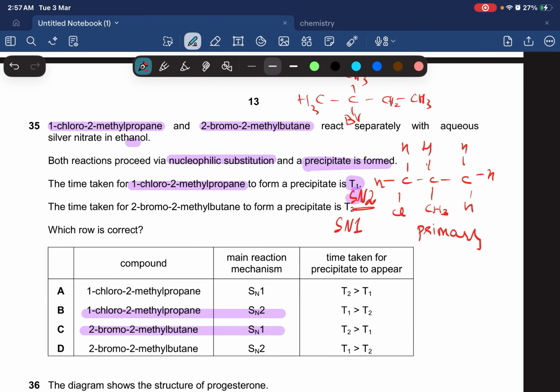For the precipitate to form, we have to check the bromide and the chloride. You know that bromide precipitates form first. So bromide is forming in T2. So T2 is going to be smaller and T1 is going to be greater, because chloride precipitates form later. The carbon-chlorine bond is stronger and the carbon-bromine bond is weaker, so the precipitate is going to form faster.